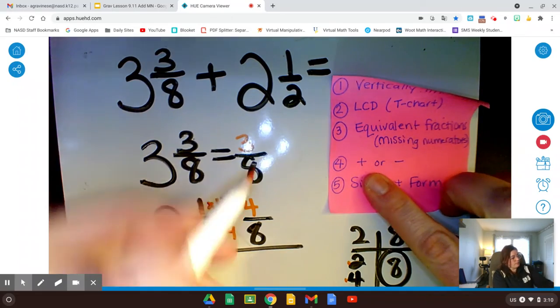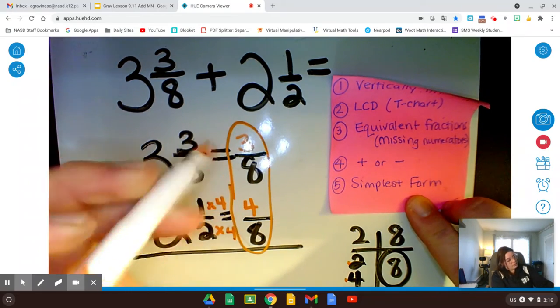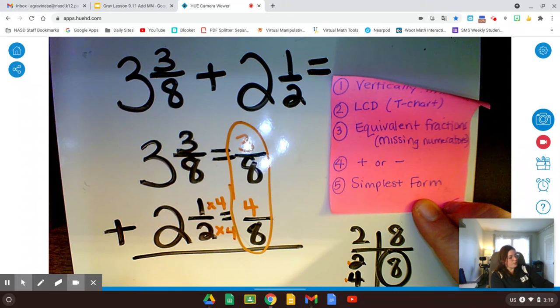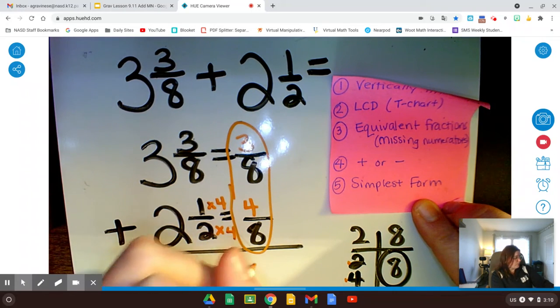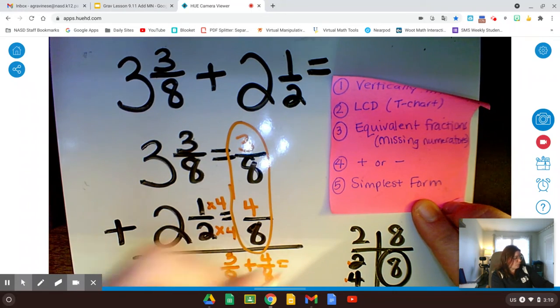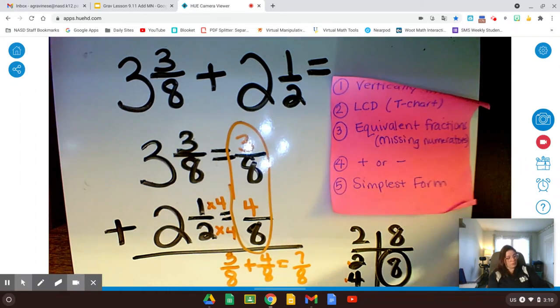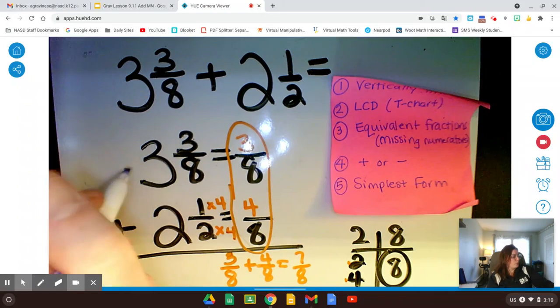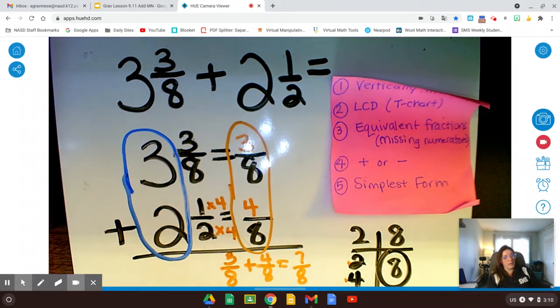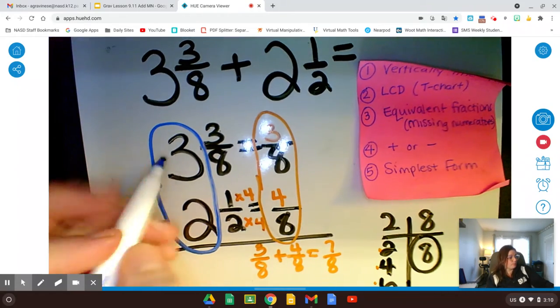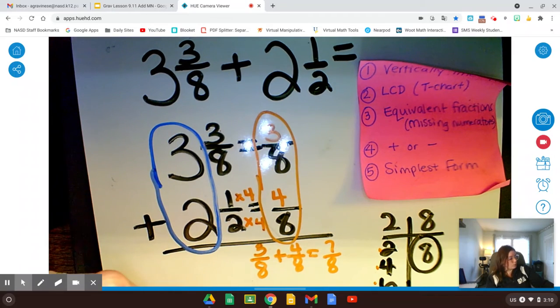Now I can add my like fractions. 3/8 plus 4/8 equals 7/8. But don't forget, we have wholes to add as well. I also need to add my 2 whole amounts together. 3 wholes plus 2 more wholes gives me 5 wholes.